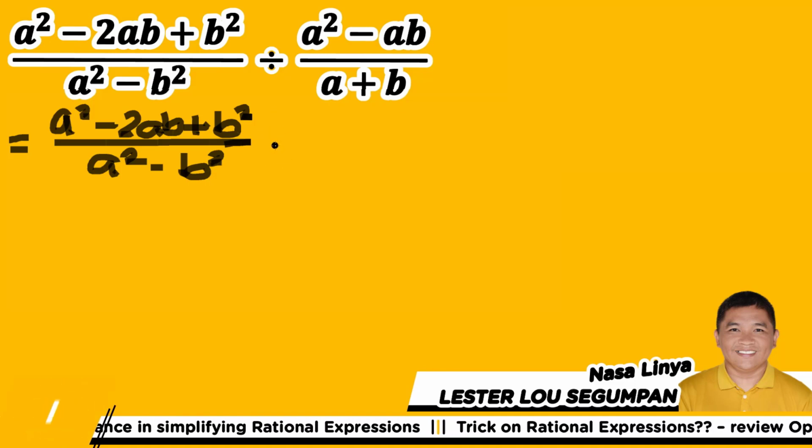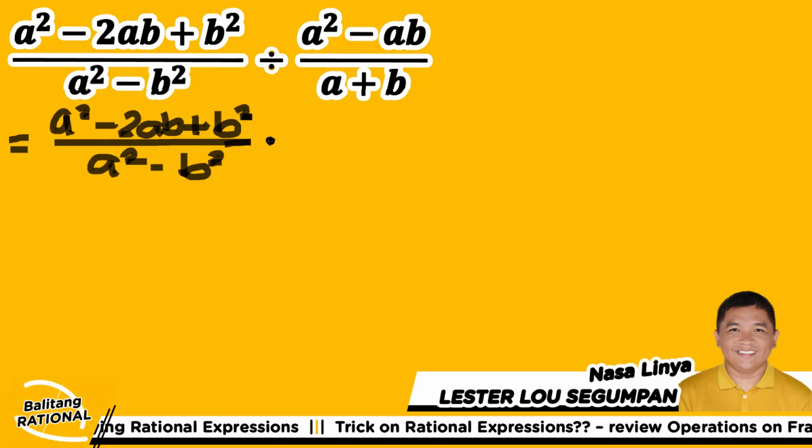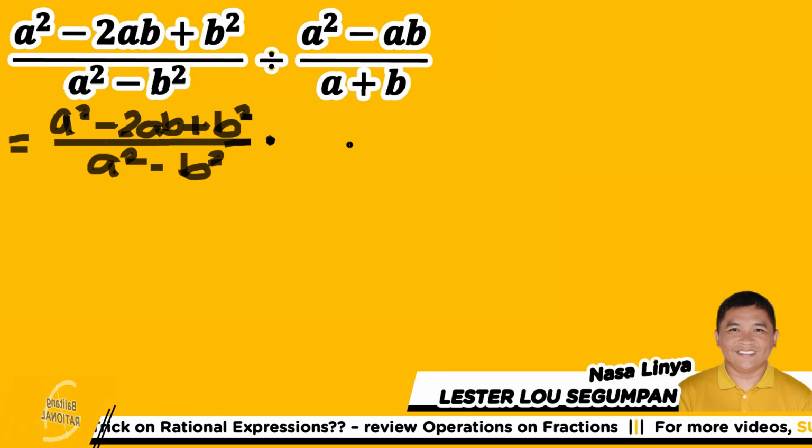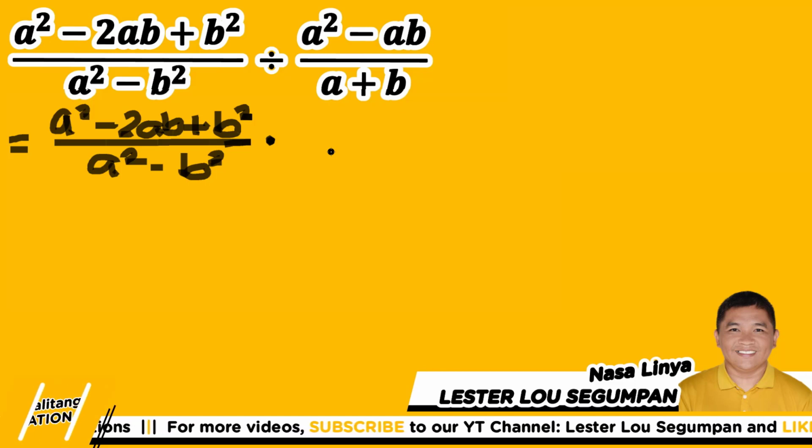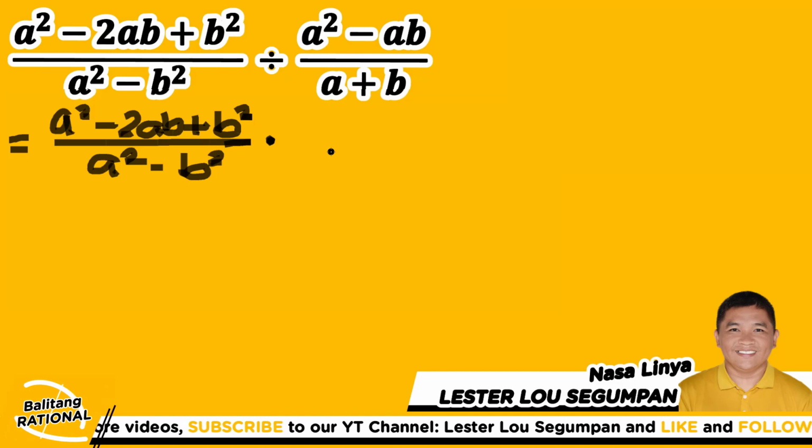Now, let's change the division into multiplication so that later we can use the cancellation law for multiplication. And finally, yung pangatlong consideration dito ay we are going to reciprocate or flip our divisor, our second rational expression.